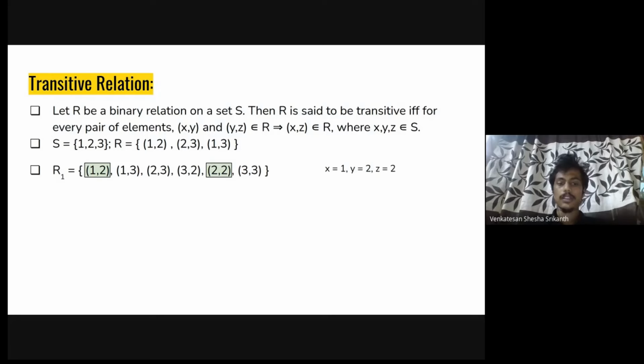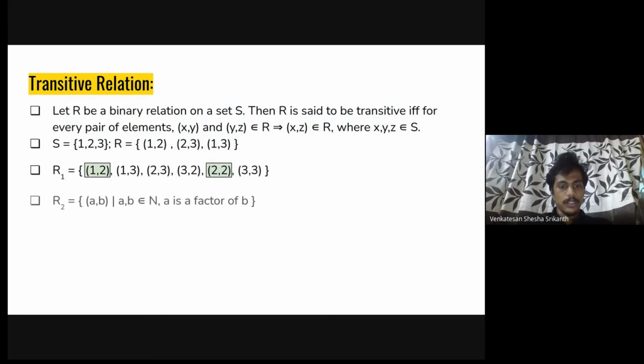So therefore it is also transitive. Similarly, you have to check for every pair of elements x comma y and y comma z in my R, I should also have x comma z as the third element in my R. Right? Okay.